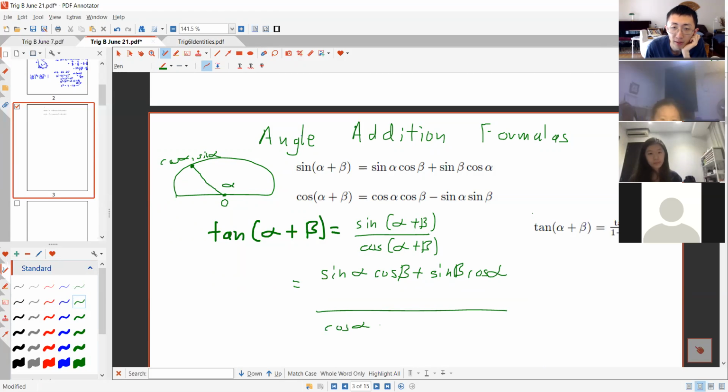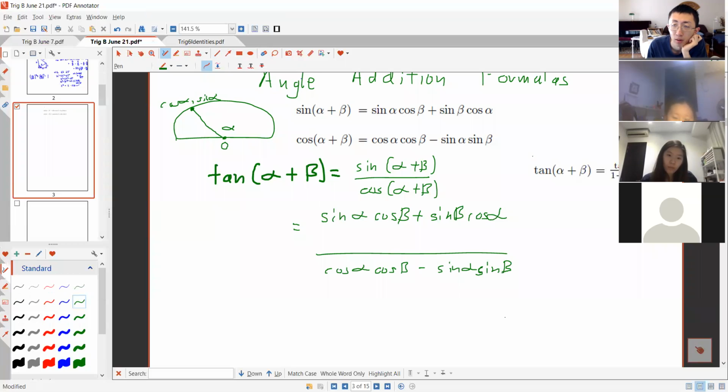What might we divide them by? Right, maybe this 1 corresponds to this part.